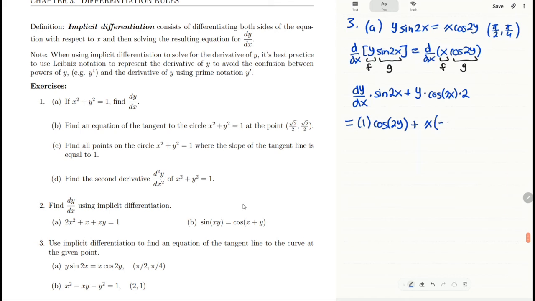Derivative of cos is negative sine. We leave the 2y unchanged. And then we multiply by the derivative of 2y. So here we differentiate with respect to x. So the derivative of 2y is 2 times dy over dx.